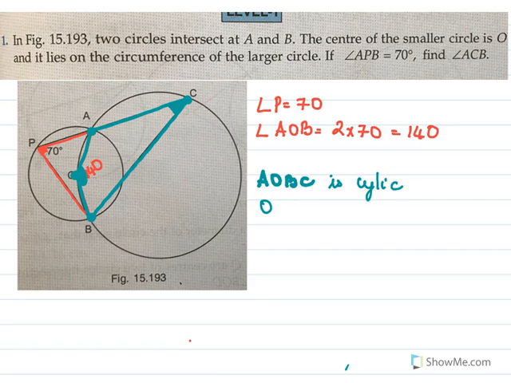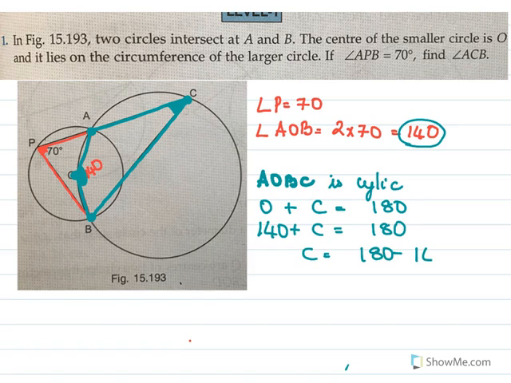Opposite is O plus C. So angle O plus C is 180, and O is 140 plus C is 180. We found O here, 140. This is O, angle AOB. So C will be 180 minus 140, and angle C will be 40. So here we got this angle is 40, and that angle is ACB. So ACB is 40.